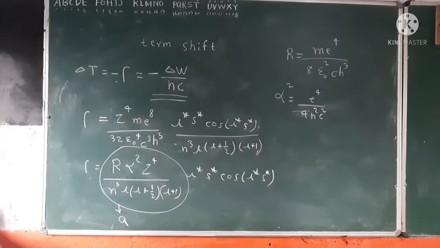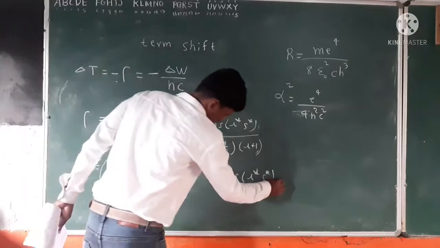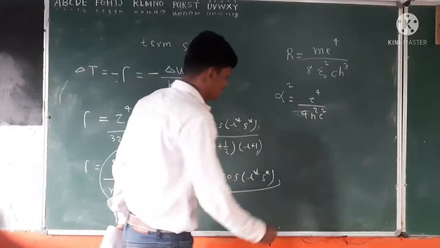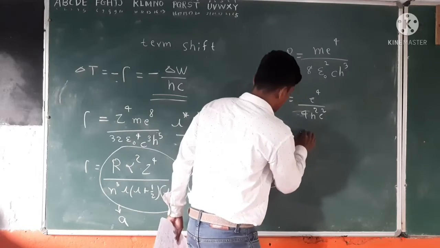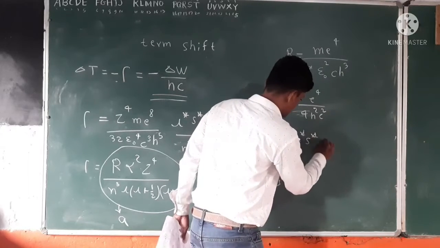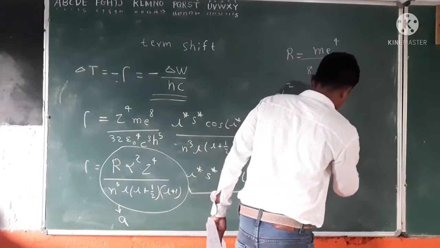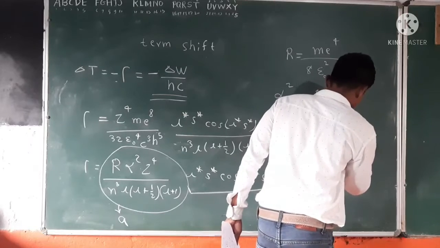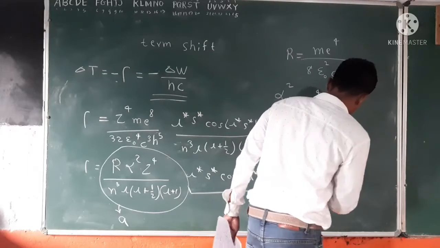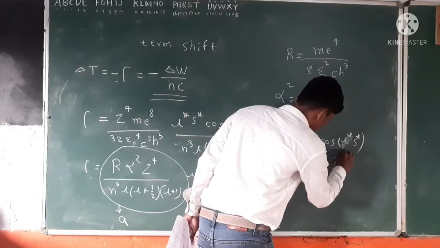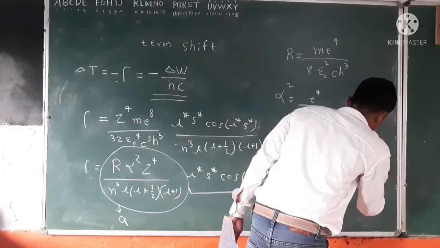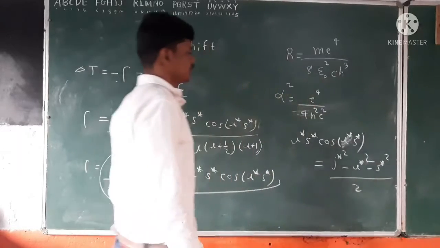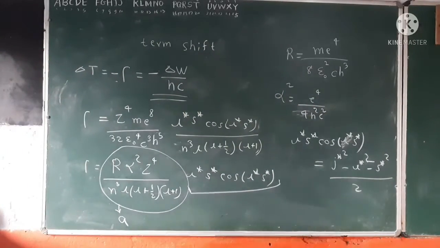Now this angle term, cos of L star S star, we can write as J star squared minus L star squared minus S star squared, divided by 2. So we can put the value of that term there.